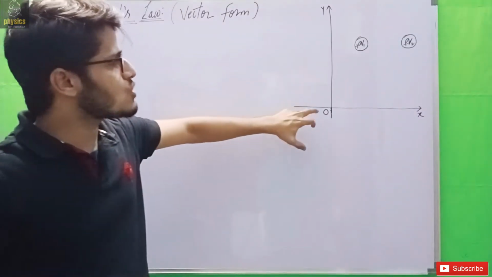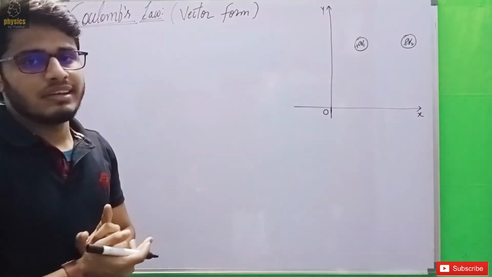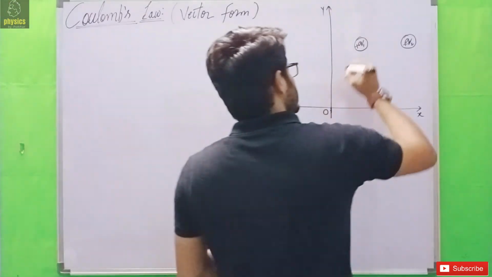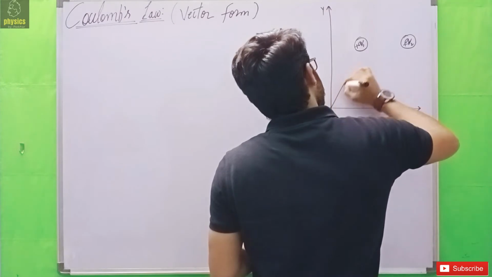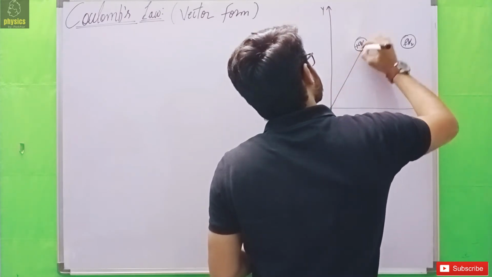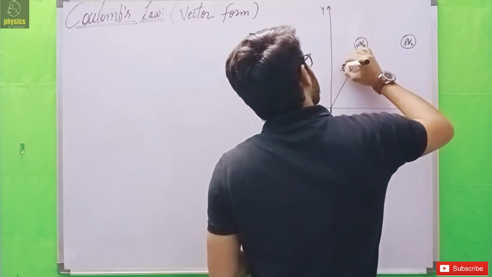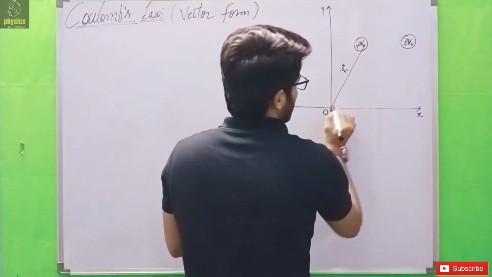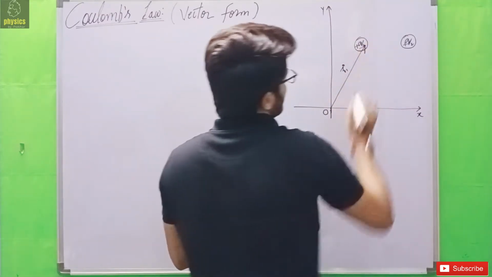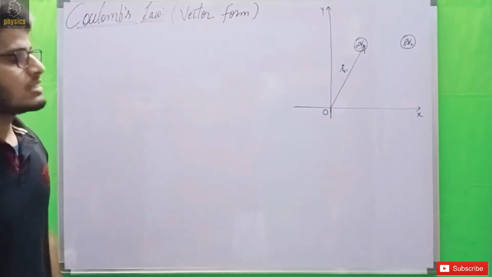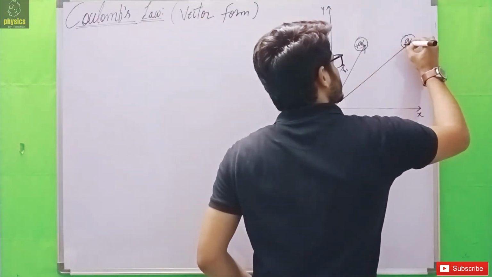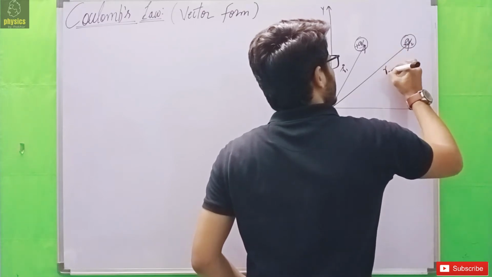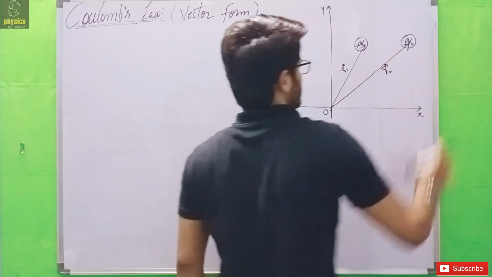So distance of Q1 from the origin will be R1. It's a vector, so here's the tail, and here's the head of this vector. Similarly, the distance of Q2 from the origin, R2, this is the vector.